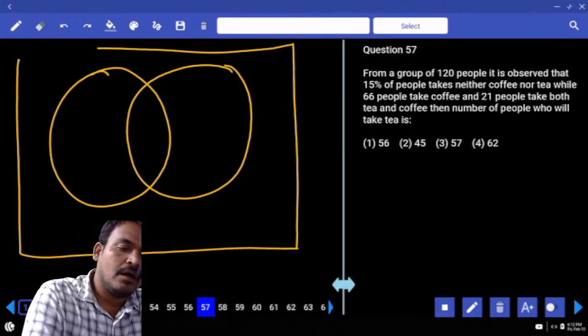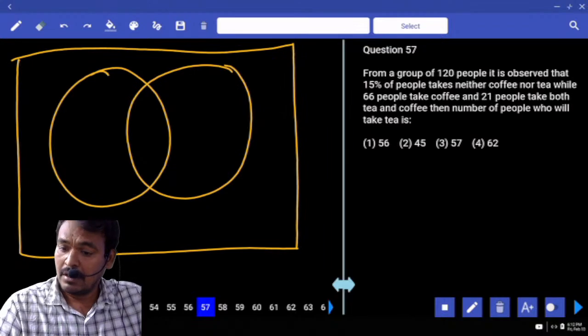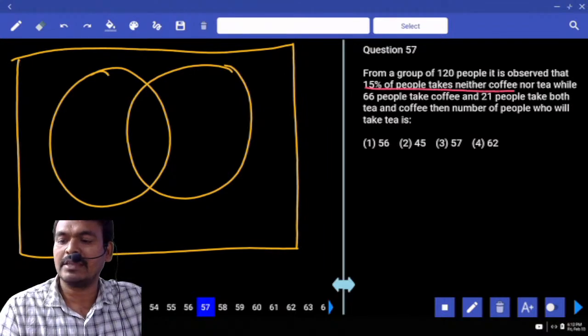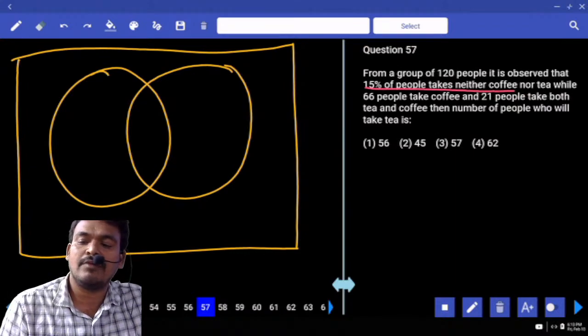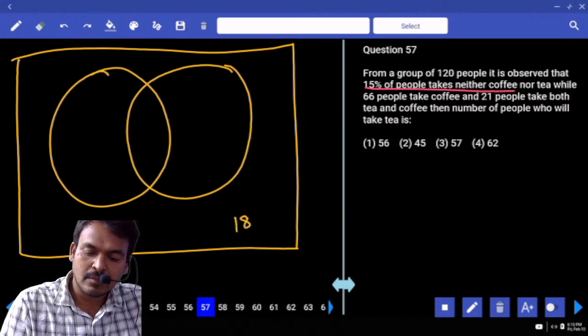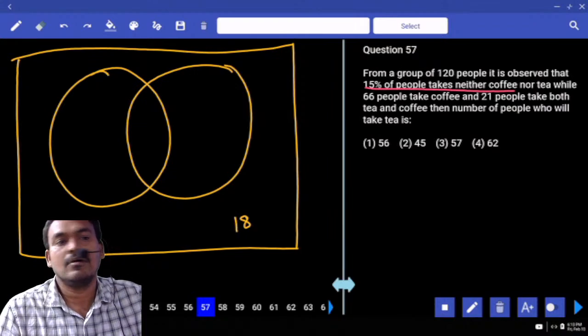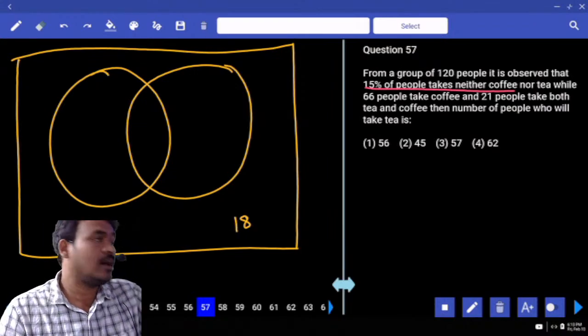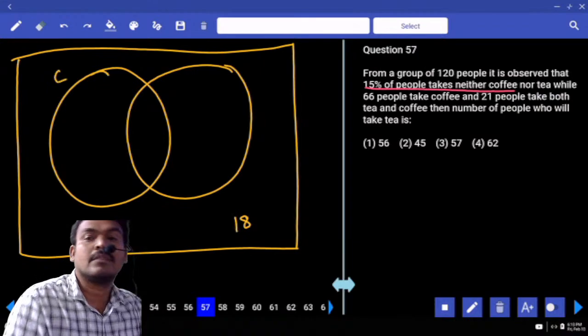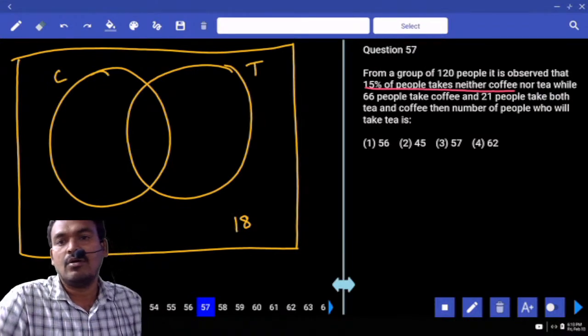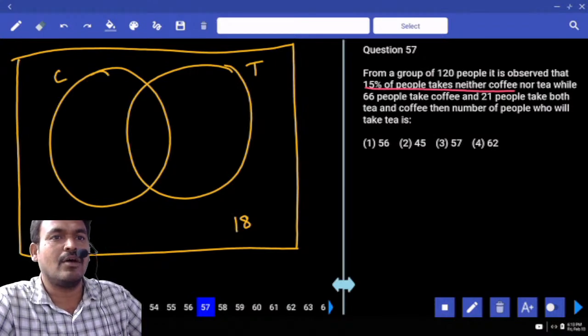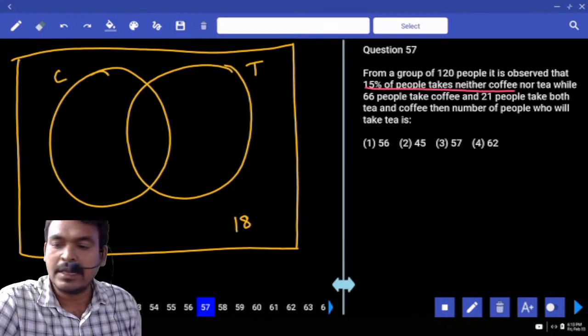Out of 120, 15% take neither coffee nor tea. What is 15% of 120? 18. What are the remaining members? 102. That 102 represents only coffee, coffee and tea common, and only tea.